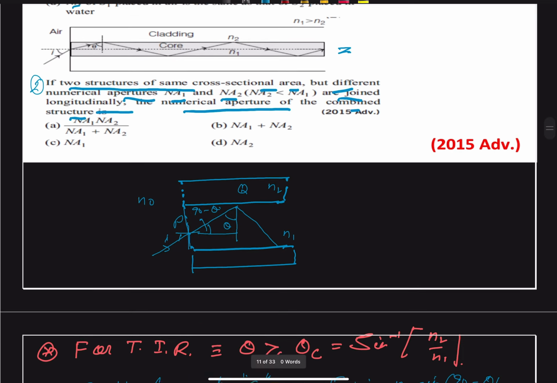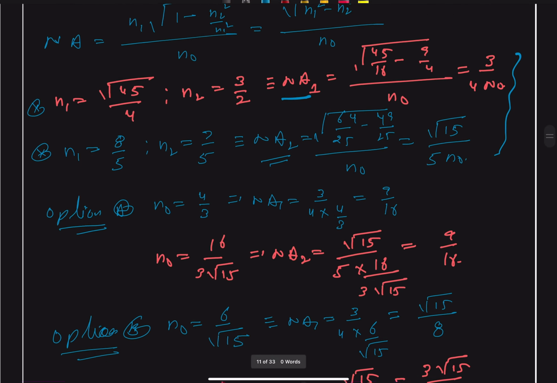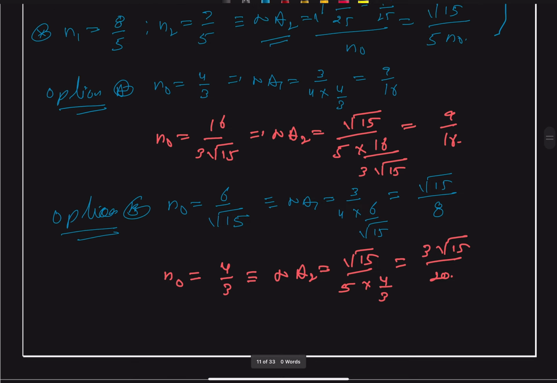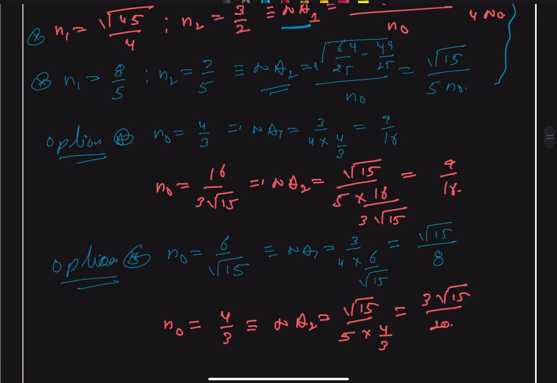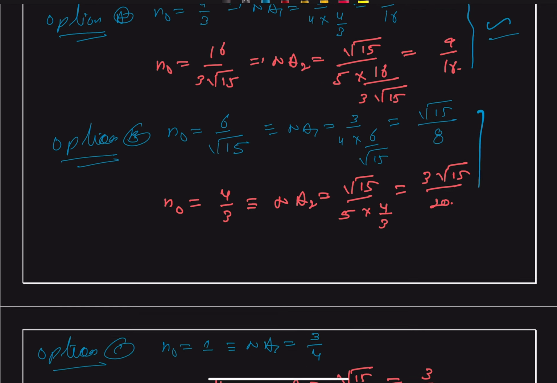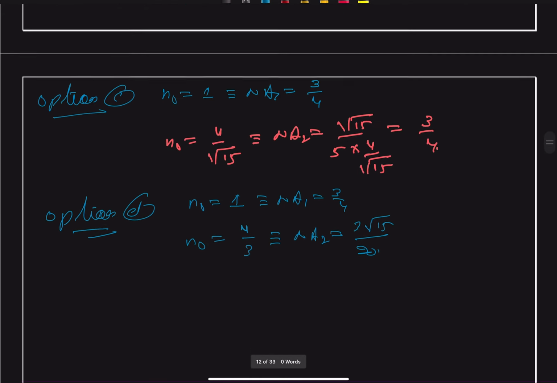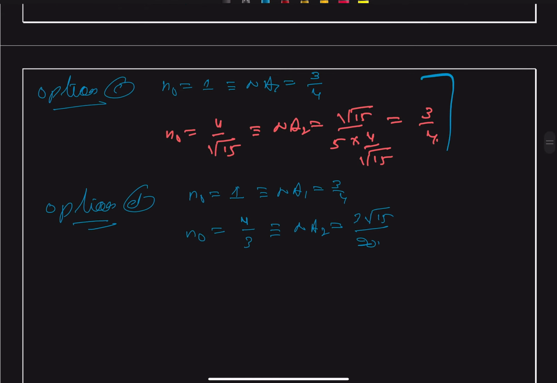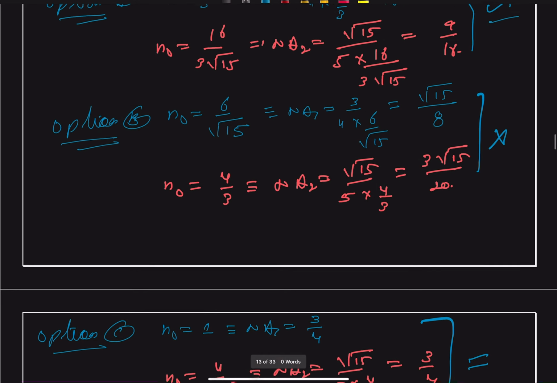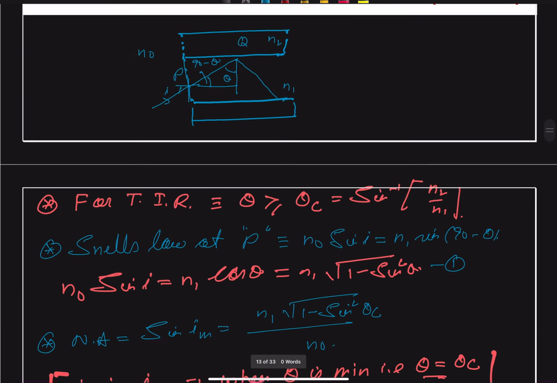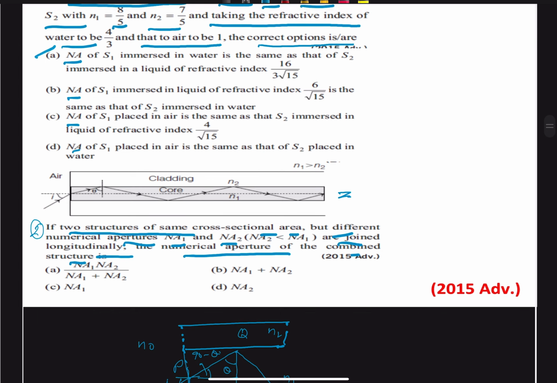We have to check the numerical apertures for all the options, and I think option A is correct, option B is not correct, option C is also correct, and option D is incorrect. So options A and C are correct.